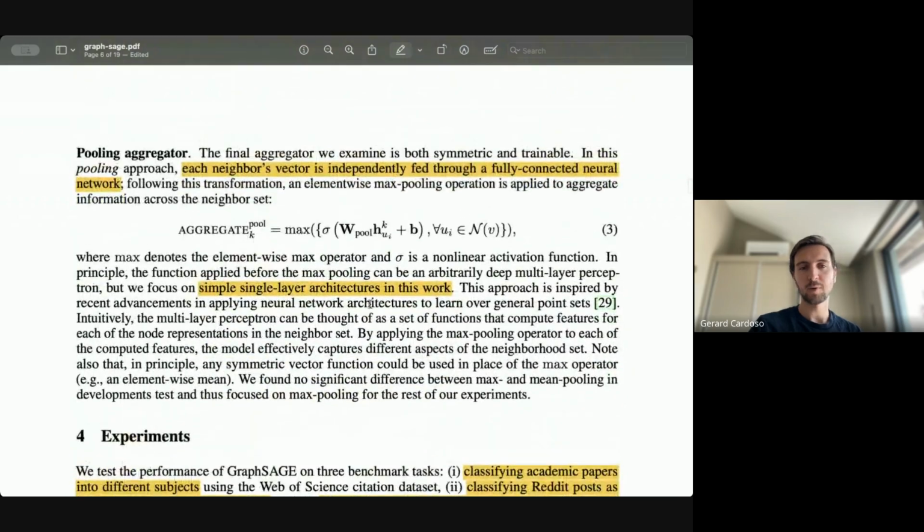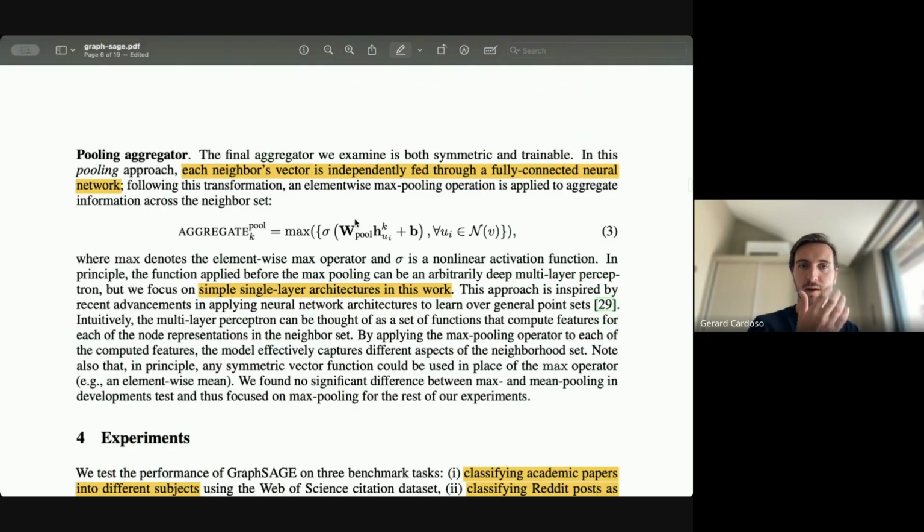And the last one is the pooling aggregator. Each neighbor's representation is passed through a fully connected single layer neural network, and then you apply either a max operator, or you can also apply a mean operator element-wise on top of this.